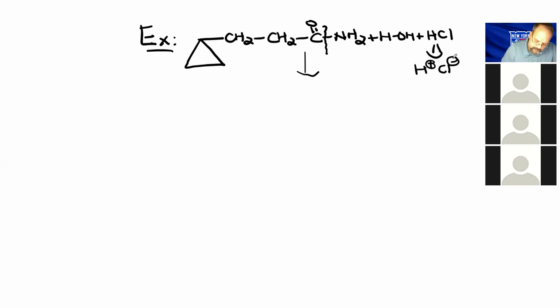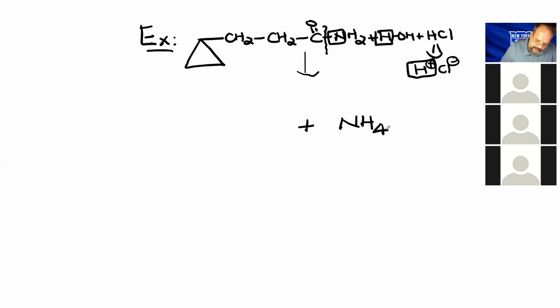Okay. The nitrogen is going to pick up two hydrogens, one from the water, the other, the proton, from the acid. So the nitrogen started out with two hydrogens. It's going to pick up two more hydrogens.